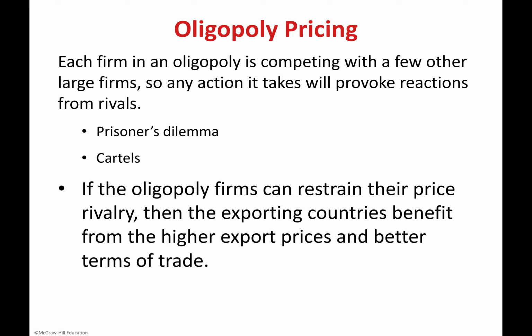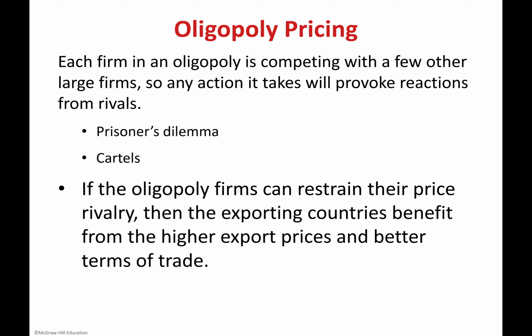How do we look at oligopoly pricing? Well, each firm in an oligopoly is competing with a few other large firms, so any action it takes will provoke reactions from rivals. Where there's interplay between the market participants, we call that game theory. And one of the famous game theory setups is the prisoner's dilemma.